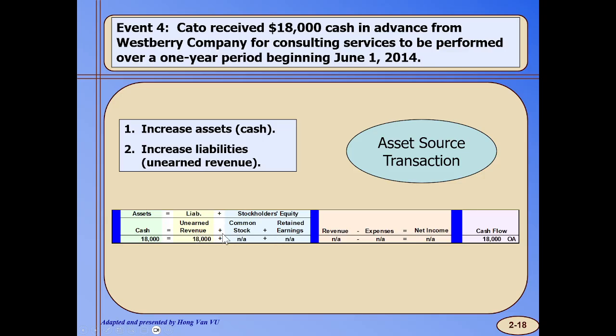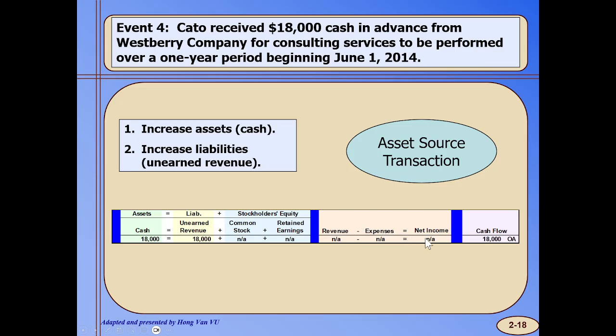Cato must defer or delay any revenue until it performs the consulting services for Westbury Company, so the income statement is not affected.